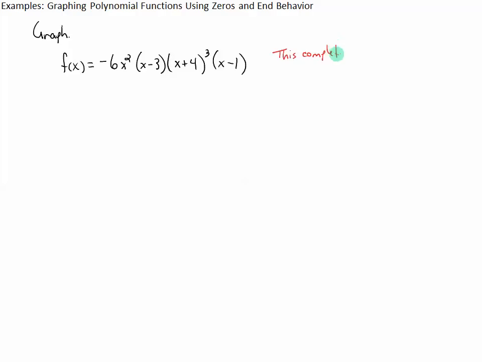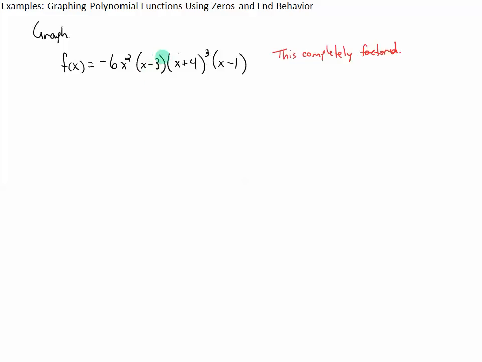That's very handy when you go to graph these. For example, I can already tell if x is 1, 1 minus 1 is 0, and 0 multiplied by all this stuff gives me 0. So if x is 1, y equals 0. So that's really easy to tell whenever this is in factored form.